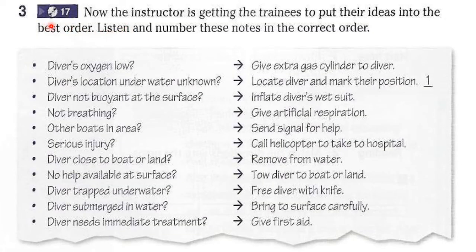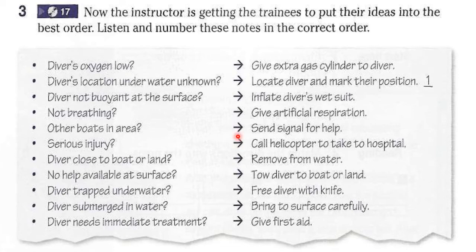Now, exercise number 3. Now the instructor is getting the trainees to put their ideas into the best order. Listen and number these notes in the correct order. Please, before listening to the audio, read these sentences carefully. Give yourself 5 minutes to read them carefully before listening to the audio.